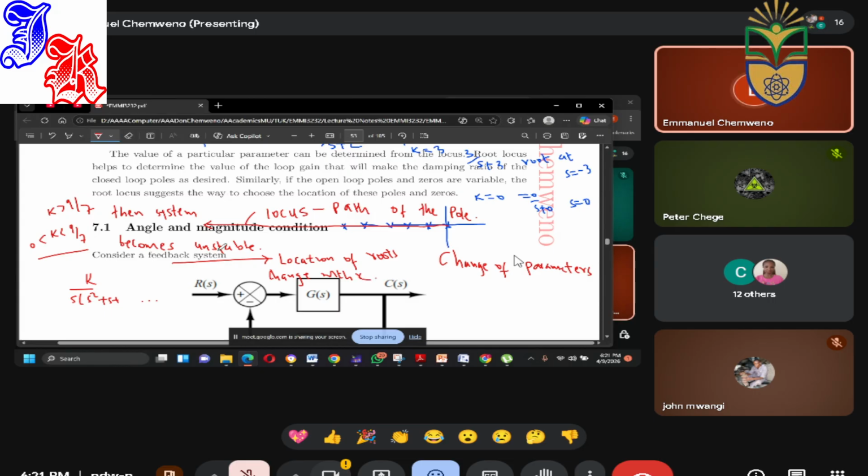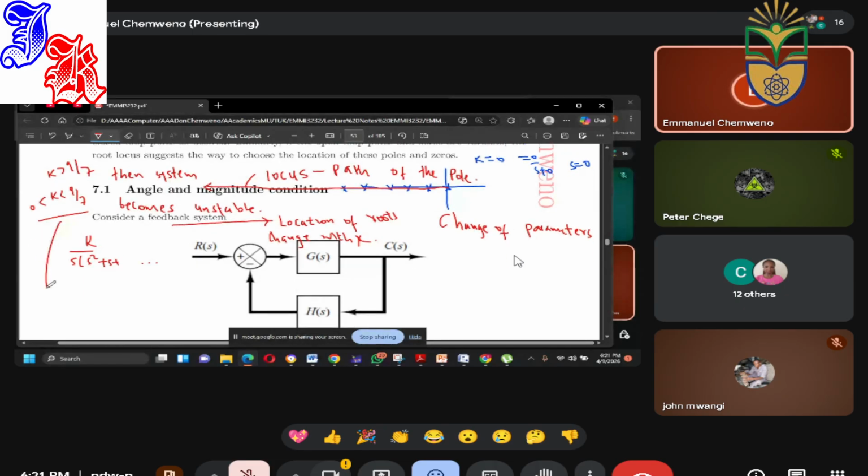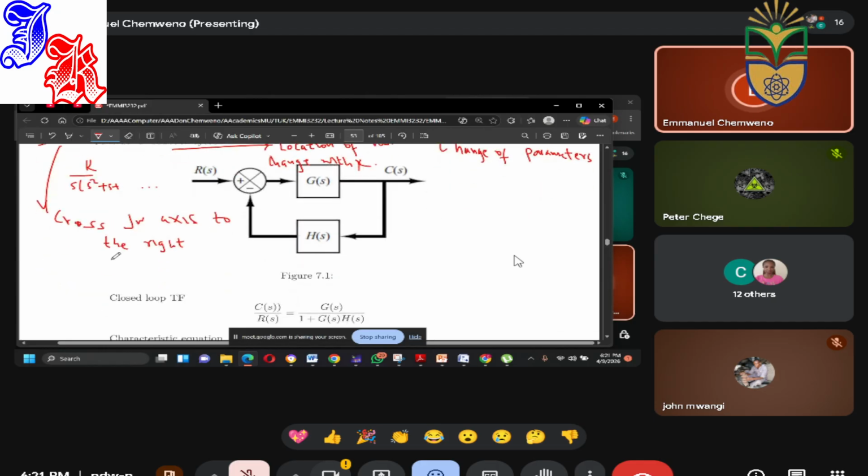And for this example, at one point, it crosses the axis to the right. You have been told it is stable for k up to 9.7. So as you continue, it means for stability, the root must cross to this point.